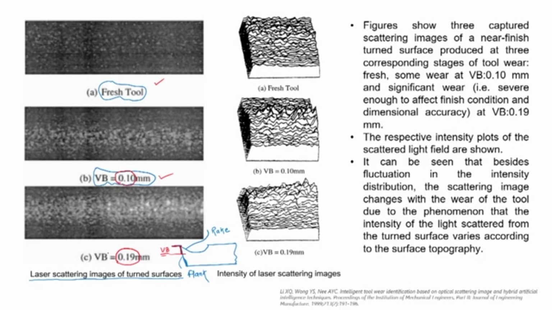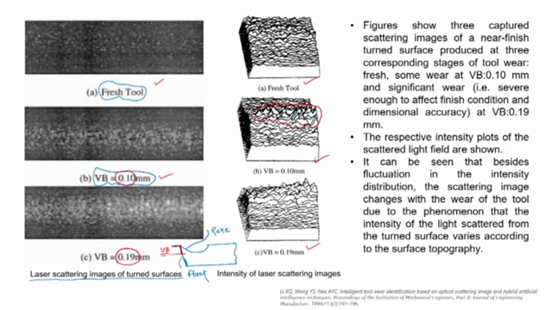Now, when we have used these three different types of tools, what is the surface that we have got? These are the scattering images of the surfaces when we have used these three different types of tools. Just look at the asperities or the undulations on the surface.